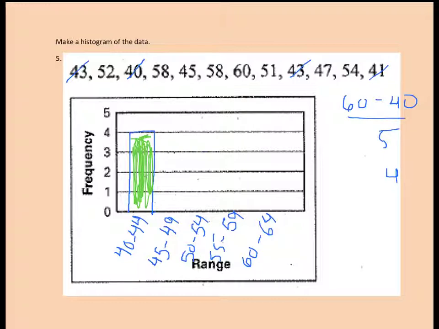I have 1, 2. So instead of 1, I have 2. Now 50 to 54. 1, 2, 3.